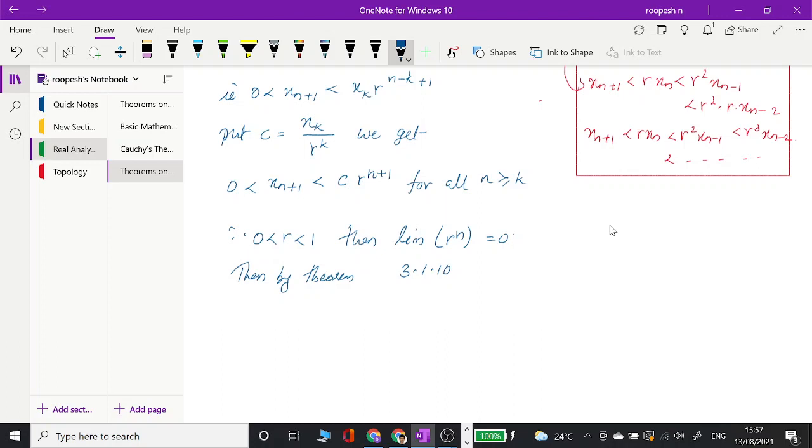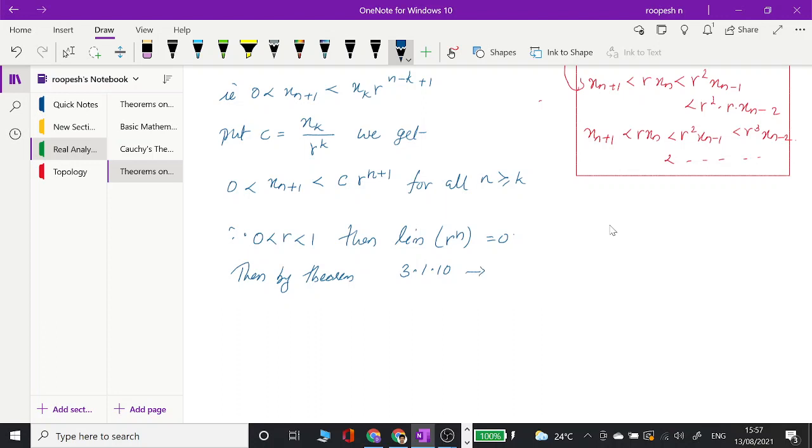If anybody is remembering, it says some constant c is given, whose value is greater than 0, and mod xn minus x is less than or equal to c into an for all n greater than m, then if the limit of an equals 0, then the limit of xn equals x, right? So refer to the theorem.